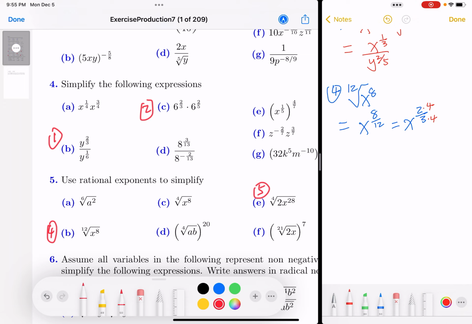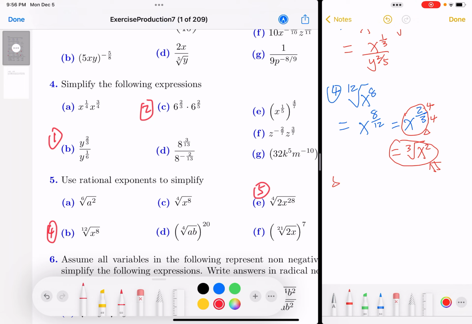Let me just circle it. This will be the answer. If you want to write more, you can, that's the cube root of x squared. Okay? So you may stop here, but that's the equivalent expression.